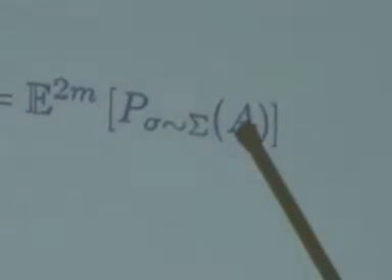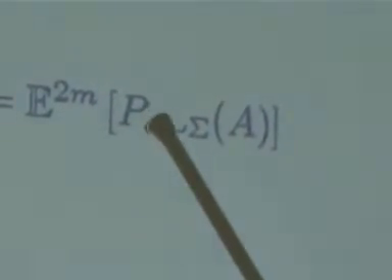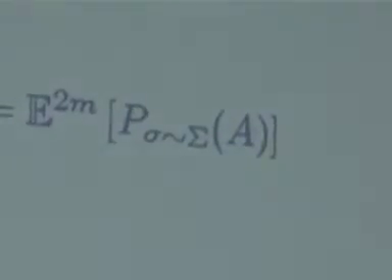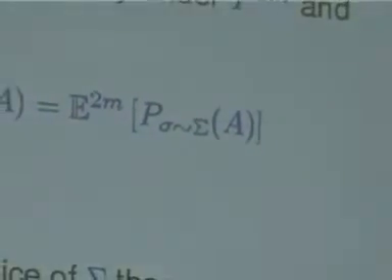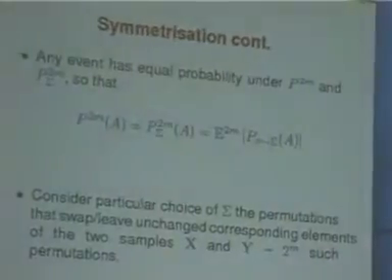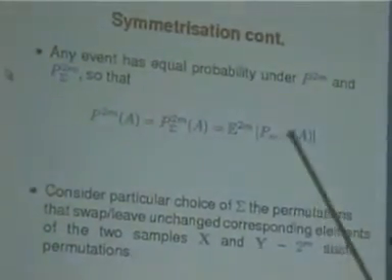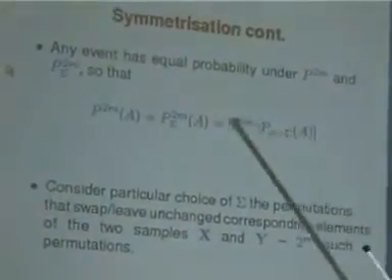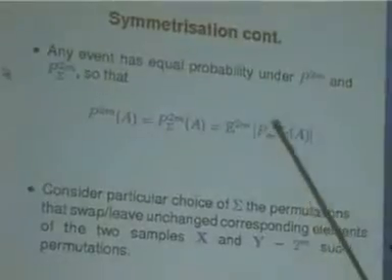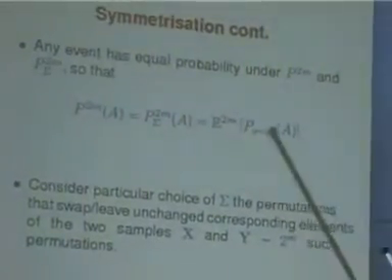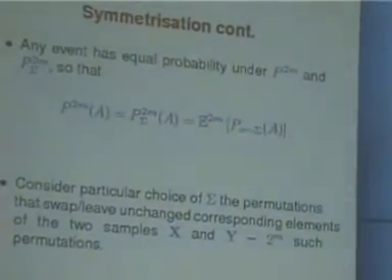I should have an A sub sigma probably here, which indicates that I permute the training set and then look at the event A on that particular training set. So this clearly is just a rewriting where we do the permutation after we've chosen the particular set of examples, and then we take the expectation over the choice of examples.